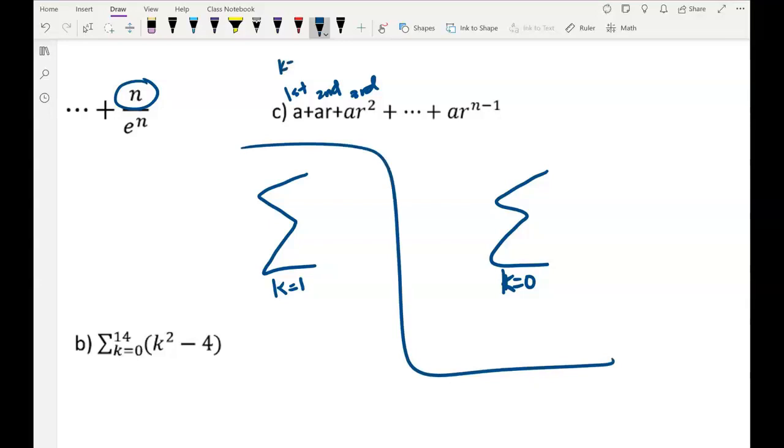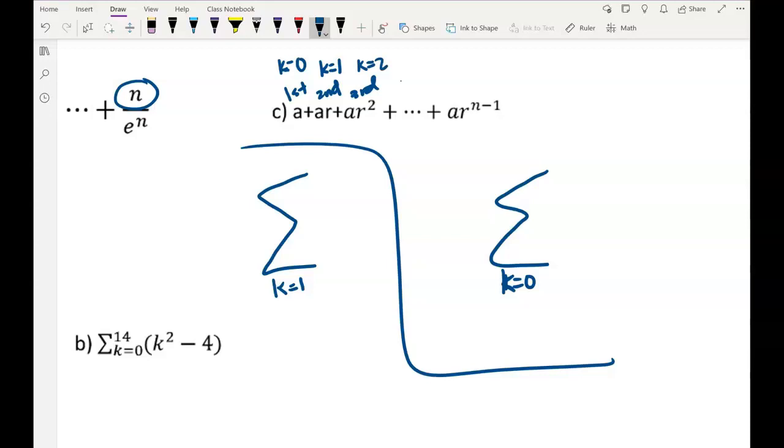When k equals 0, on the right side I have a. Now when k is 1, I have a times r. When k is 2, which is my third term, I have a r squared, and so on.